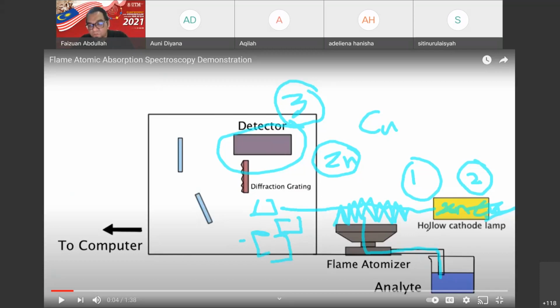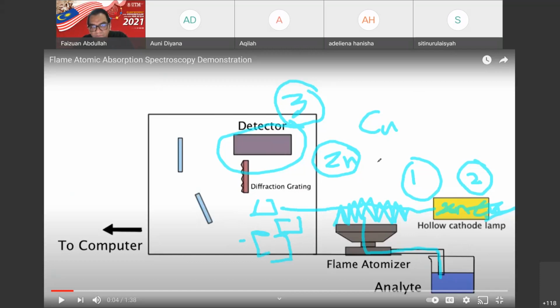So let's say we don't have zinc in the sample. What happens to the energy loss detected by the detector? Can someone give me an idea? If we don't have zinc in the sample, does the detector detect a loss of energy?